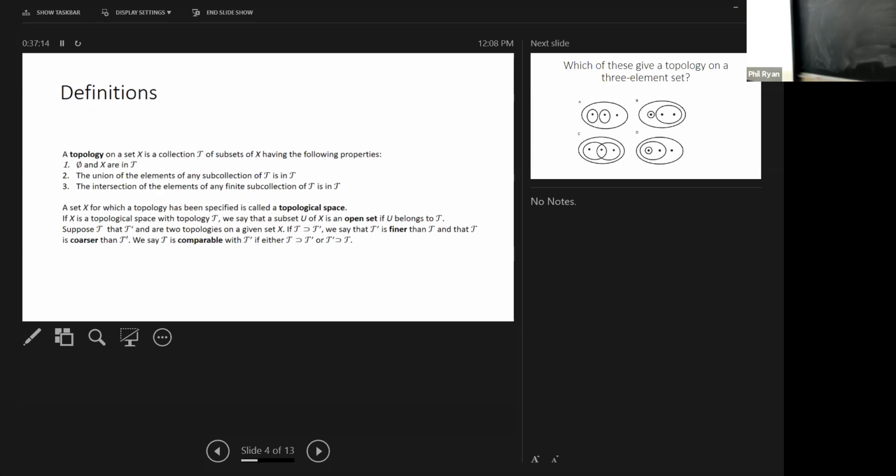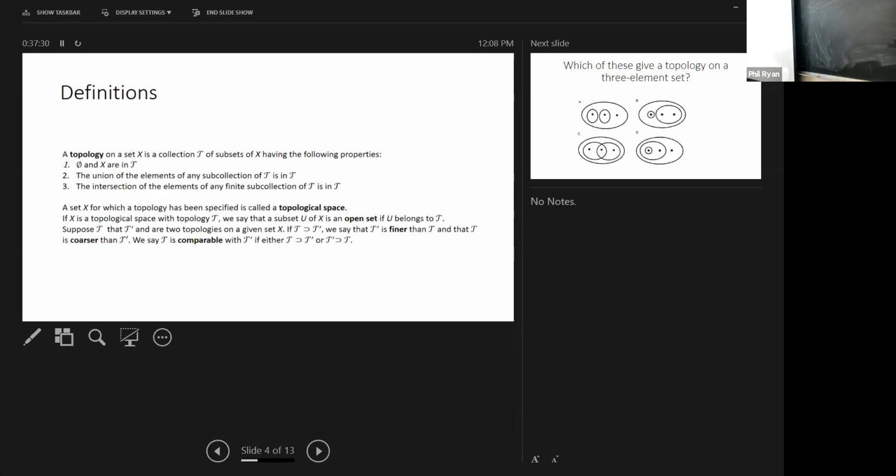Okay, and then all of a sudden this should make sense, right? Because an arbitrary union of open sets is going to be open, but only a finite intersection of open sets is going to be open.